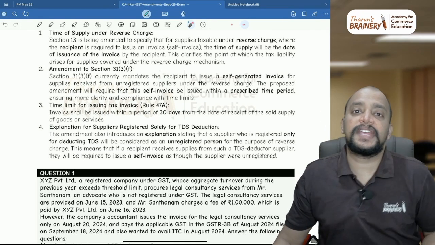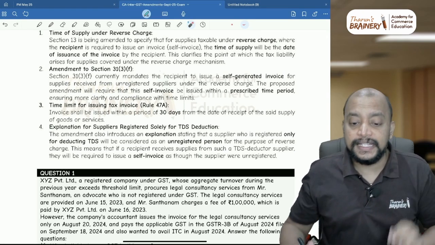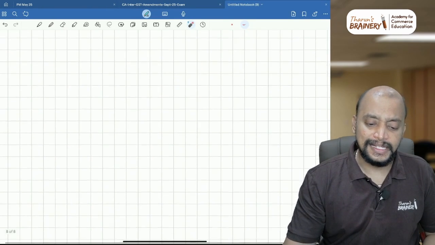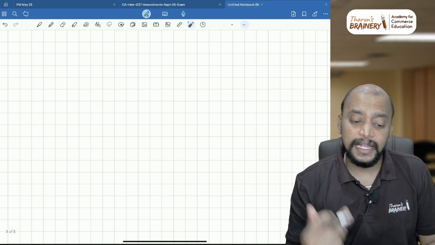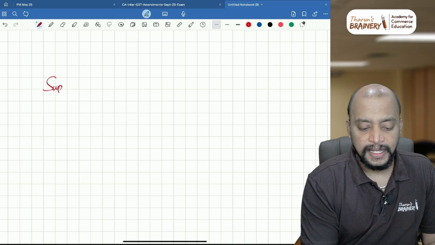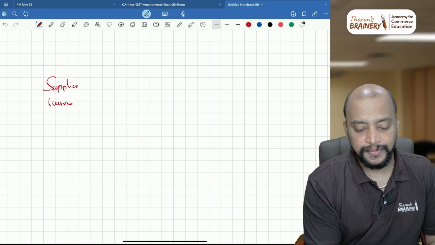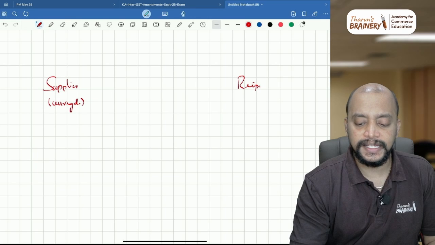Whenever the self invoice is given, whenever the recipient issues the invoice to the supplier, say there is a self invoice case. When can the ITC be availed? So there is a supplier who is unregistered, and there is a recipient who is registered.